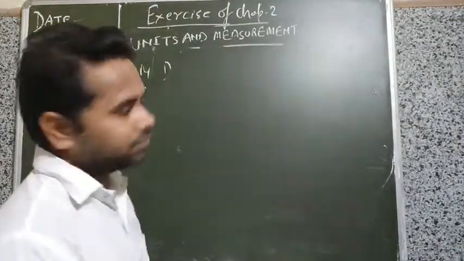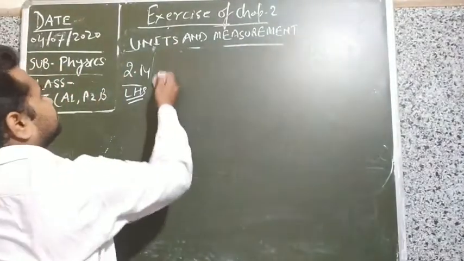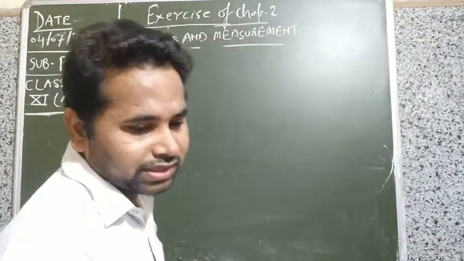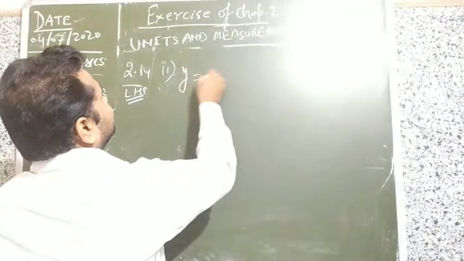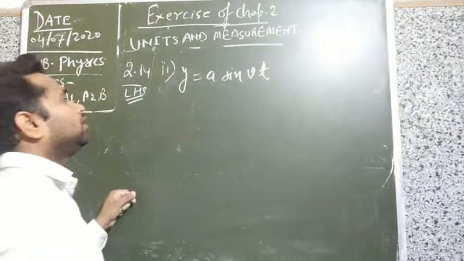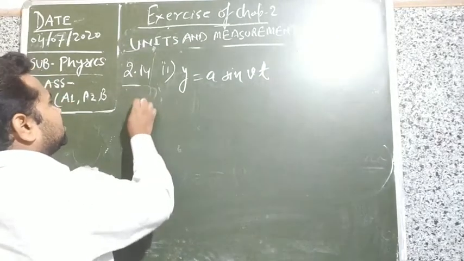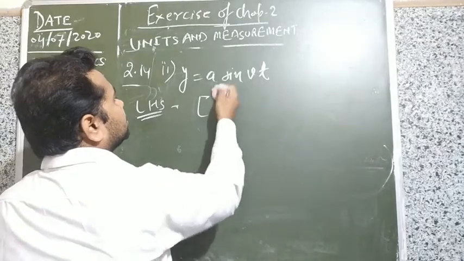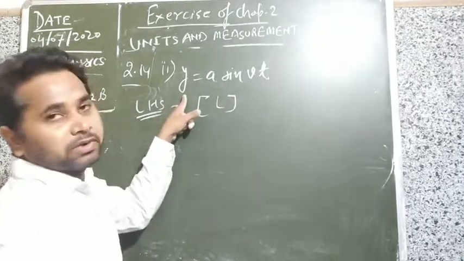See the second part. The second part was y equals a sin Vt. The left hand side dimension is L because this is displacement.